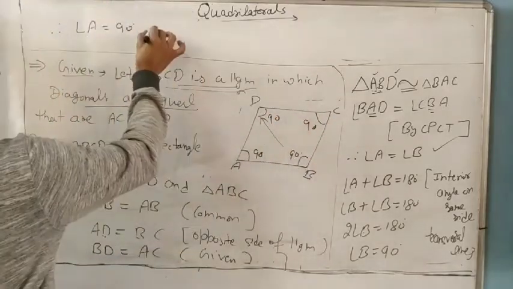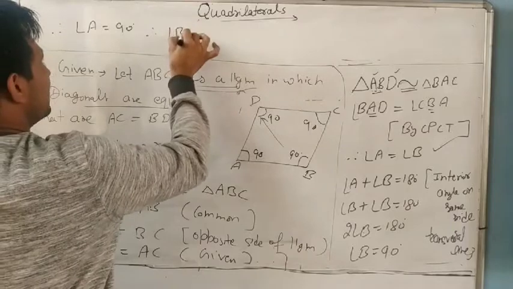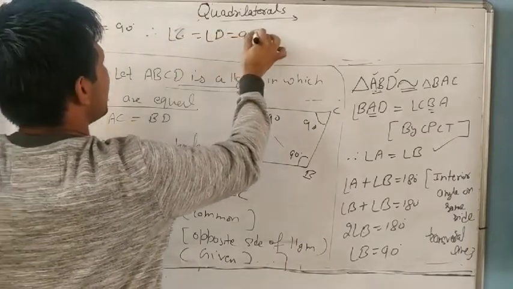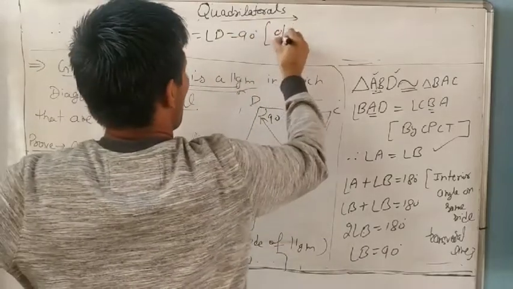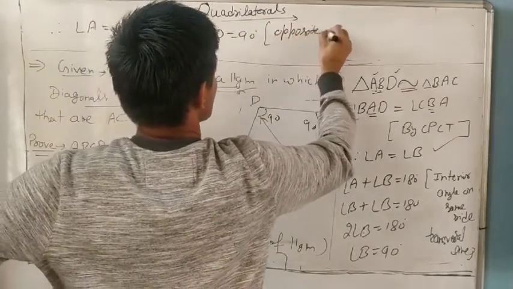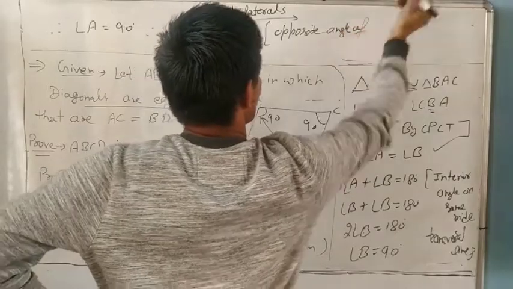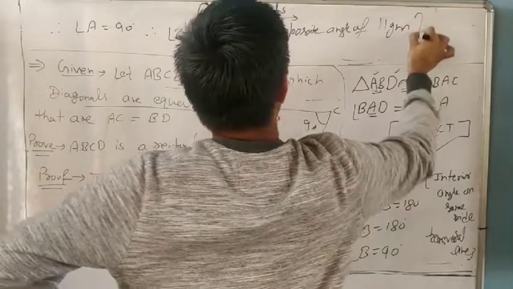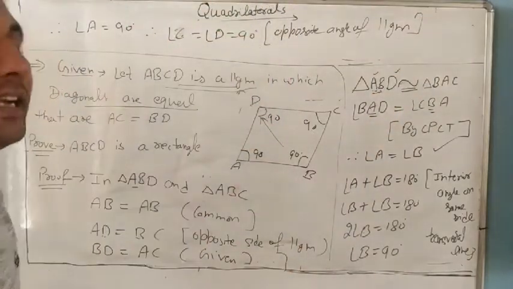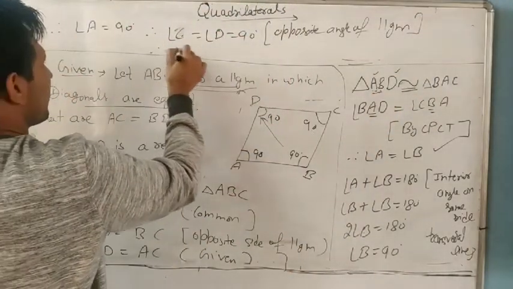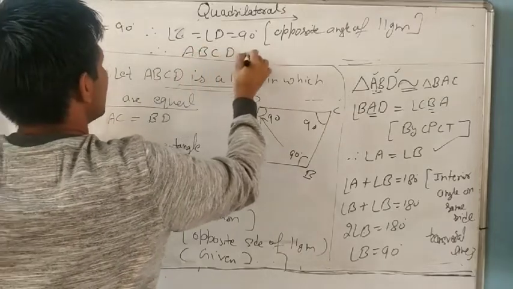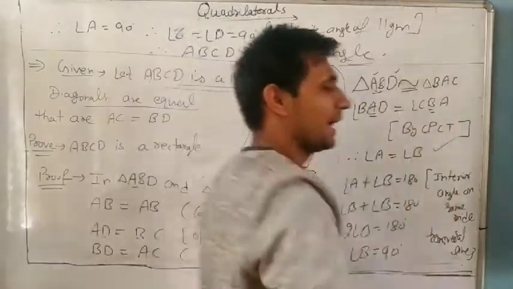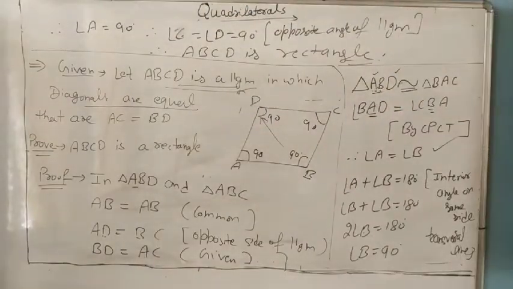So therefore angle C and angle D are also 90 degrees. Why? Opposite angles of a parallelogram. And if each angle is 90 degrees, therefore ABCD is a rectangle.